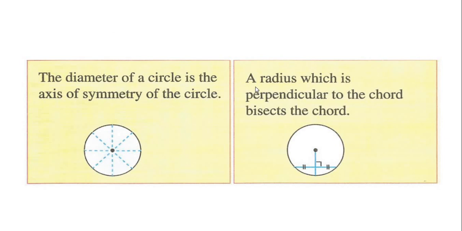And number 2, apa yang kita dapat based on that activity? A radius which is perpendicular to the chord bisects the chord. Kalau dia perpendicular to the chord, means that dia bisect. Dia bahagikan this chord into two equal lengths. Right?